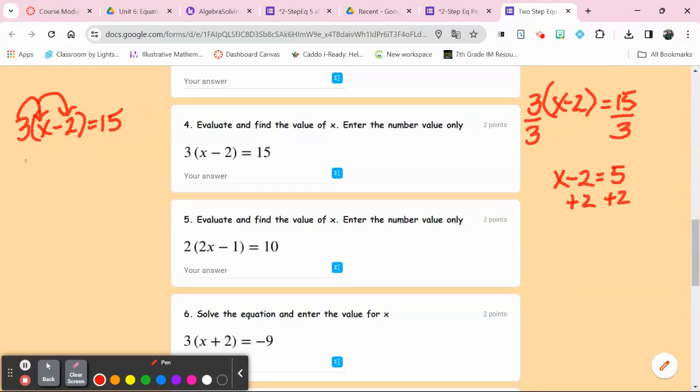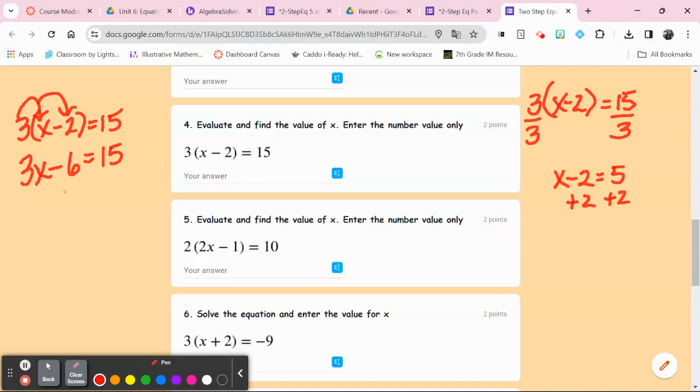3 times 1x is 3x. 3 times negative 2 is negative 6. Gives us 15. Then we're going to solve that just like a regular two-step equation. Our first step is always to move the constant, the opposite of add or subtract, or negative and positive.